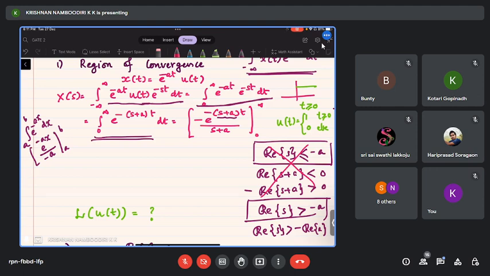When you're trying to solve these questions, all that matters is this region of convergence. Just substituting the value for x of t and finding the Laplace transform is not a big deal. But the important factor that you will see when you look at the questions is how important the region of convergence is. So this part, is everyone okay with this? Is it clear?